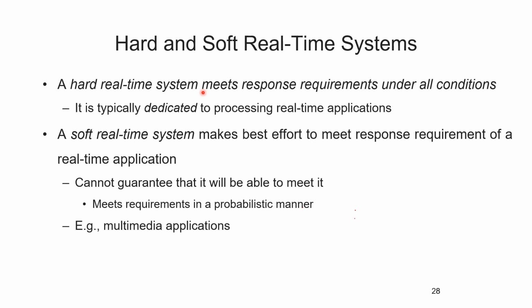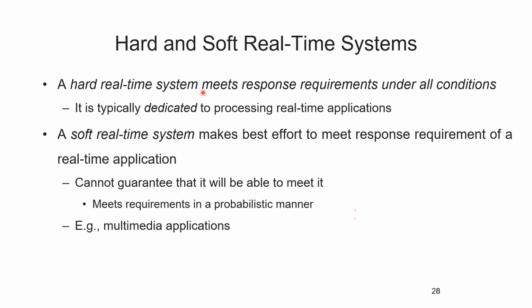If it is exceeded, there is a possibility of large damage, for example in air traffic control and ground stations. The control signals may change and mislead the pilot, so there is a possibility of huge damage. Such systems are called hard real-time systems.